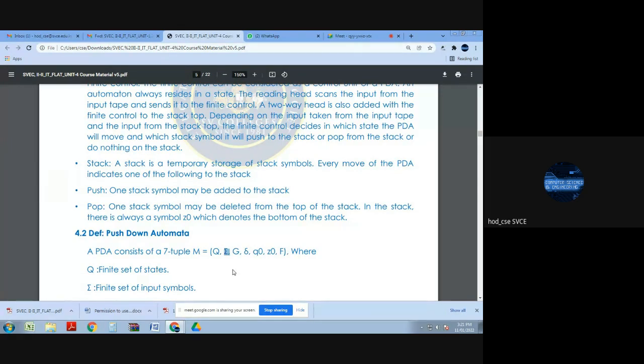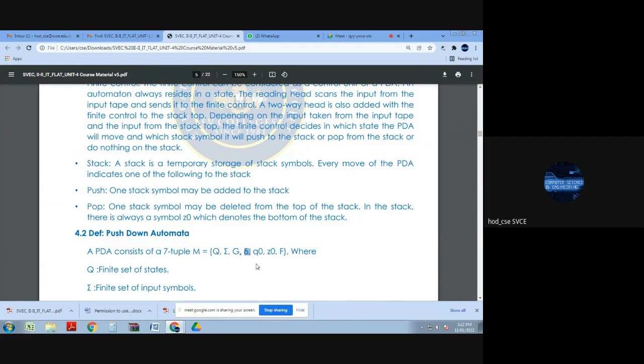Del is the transition function: for the present state, if you give some input, the next state is given by del.